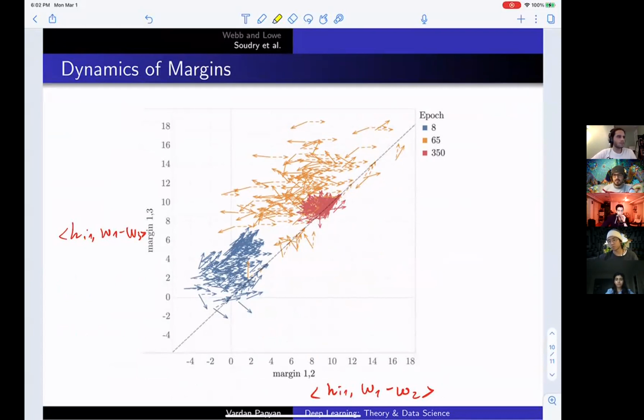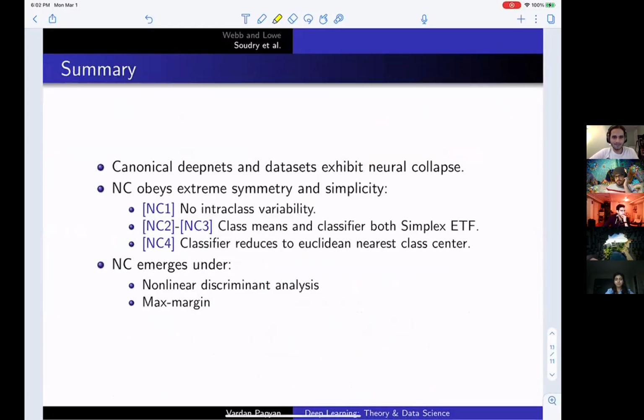Neural collapse is the maxiest max margin one can achieve, if maxiest were even a word. Okay, so we're out of time. What we've seen is, again, that deep nets and canonical data sets exhibit neural collapse, and that neural collapse is emerging as a special case of nonlinear discriminant analysis and max margin.